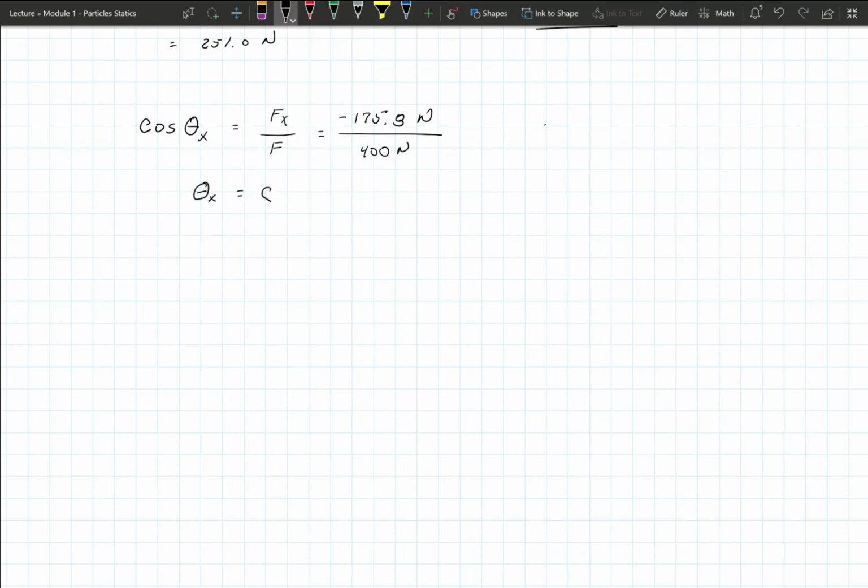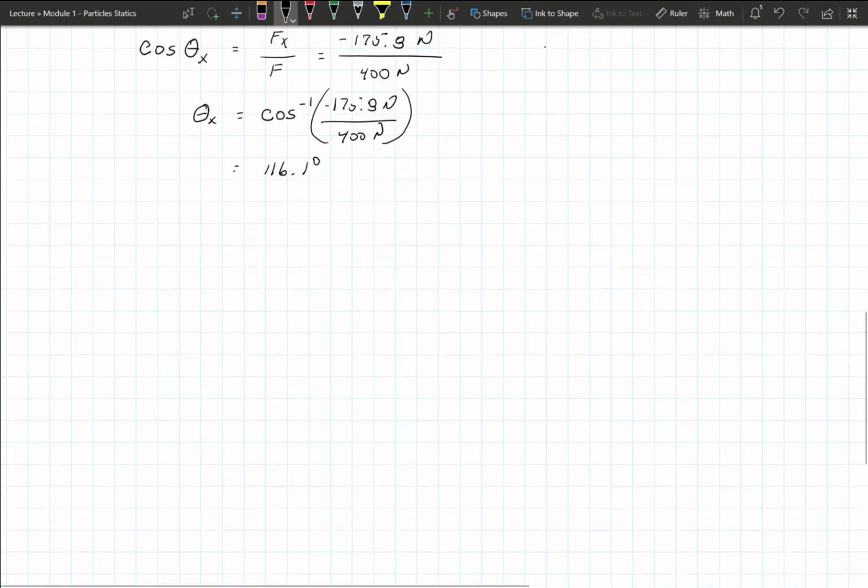Theta x is equal to the arc cosine of negative 175.8 newtons divided by 400 newtons. And when we get done, we get an angle of 116.1 degrees. And that's theta x. Okay?